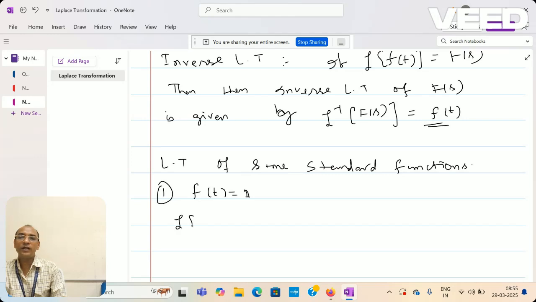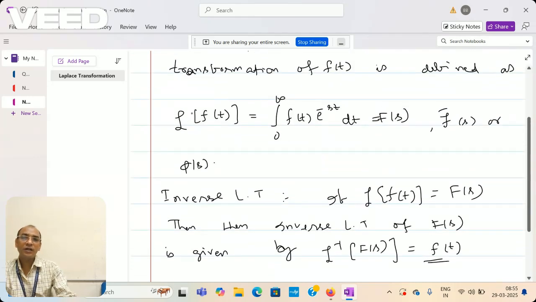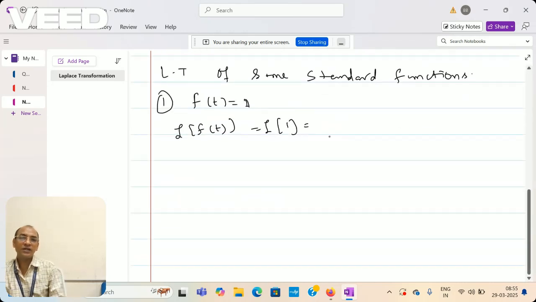Then what will be the Laplace transformation of f of t, which is the Laplace transformation of 1? According to the definition, the Laplace transformation of a function is the integration from 0 to infinity of f of t e to the power minus st dt. Here f of t is 1, so my integration will be from 0 to infinity of e to the power minus st dt.